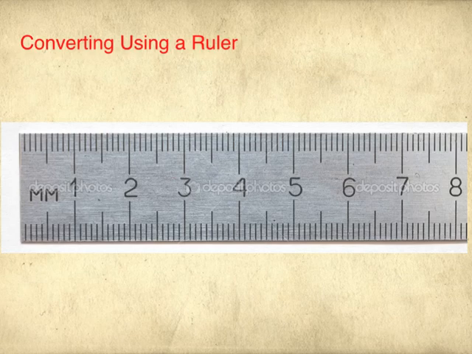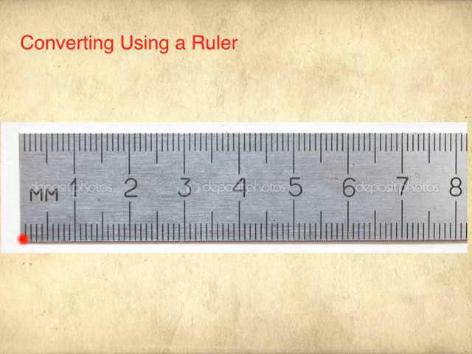One easy way to convert metric units is actually to use a ruler. So here's a ruler on our display, and we can look at this ruler because it denotes centimeters. So the larger numbers are centimeters. So here's 3 centimeters, here's 4 centimeters, here's 5 centimeters, here's 6 centimeters, here's 7 centimeters, and here's 8 centimeters.